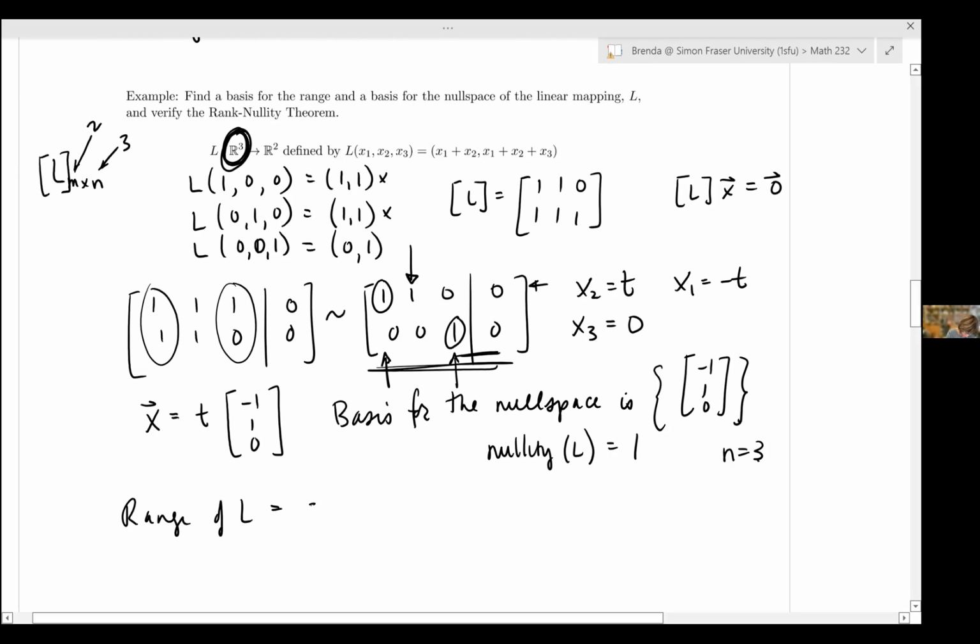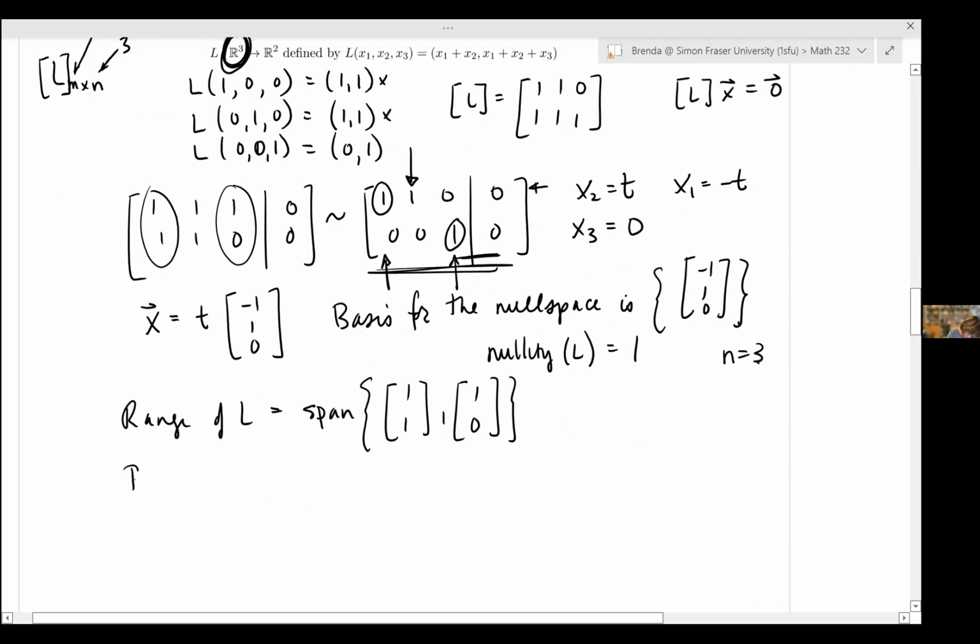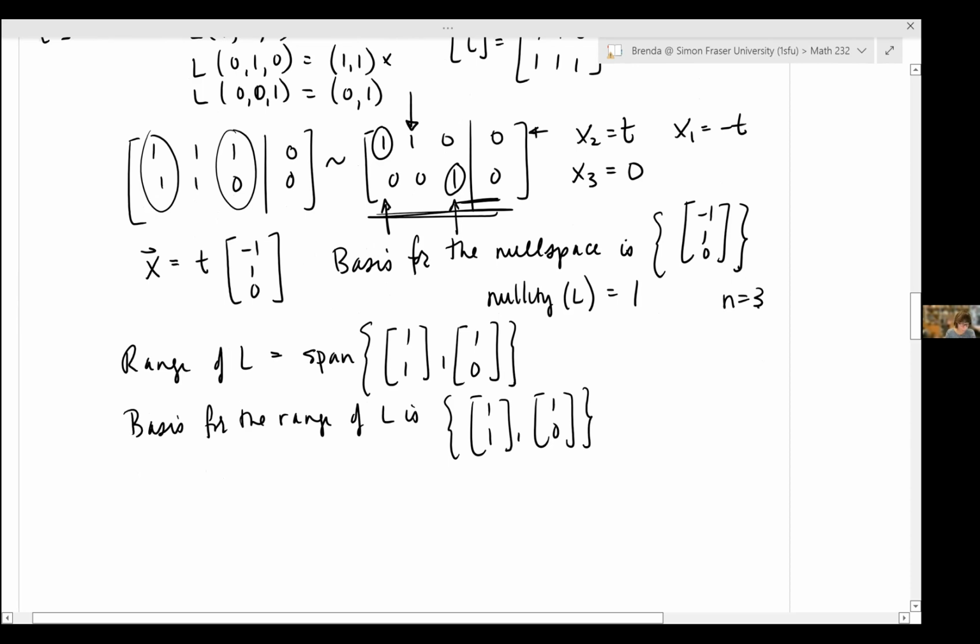So the range of L is the span of those 2 columns. And then a basis for the range of L, I would just write without the word span there. Those are the 2 basis vectors for the range of L.